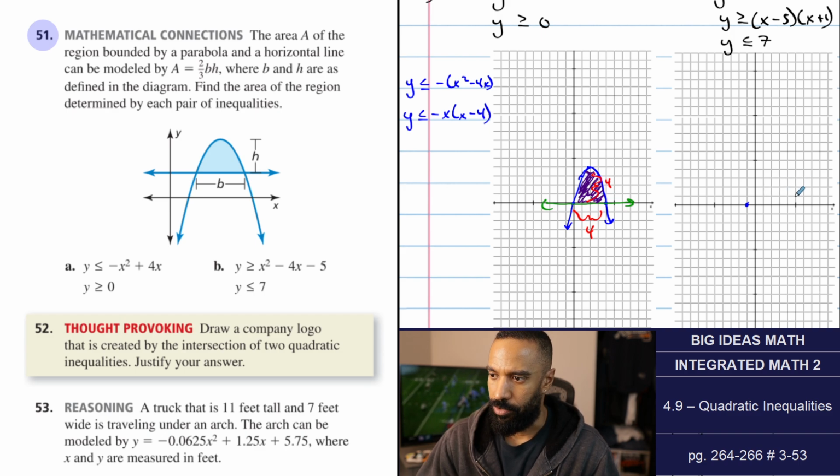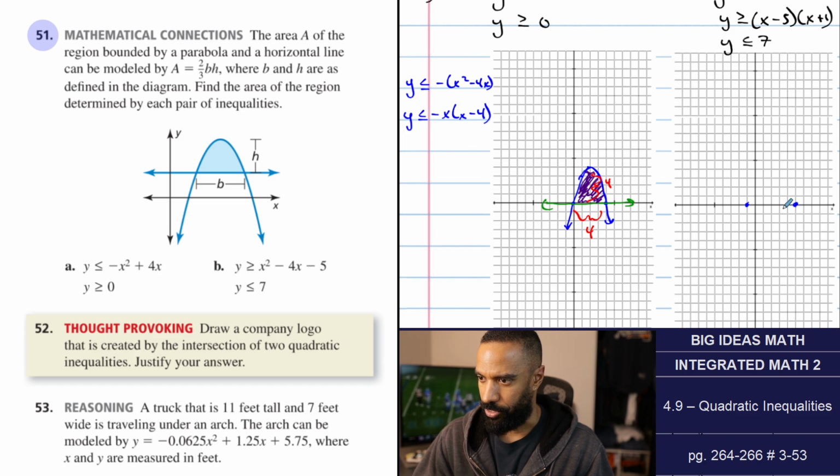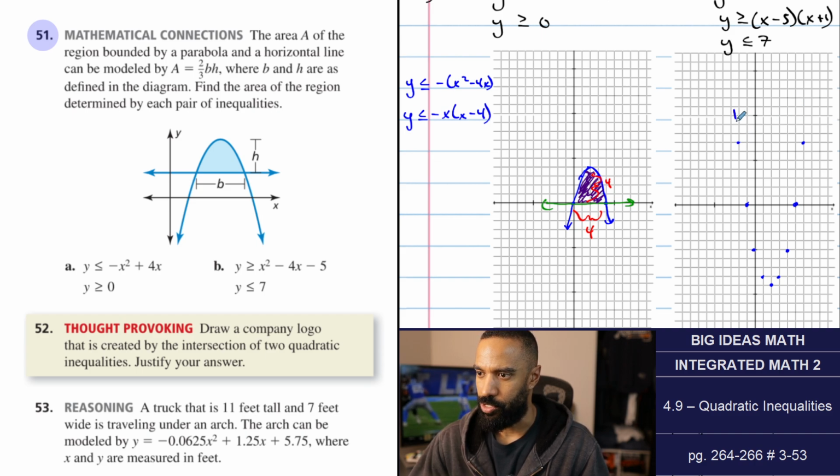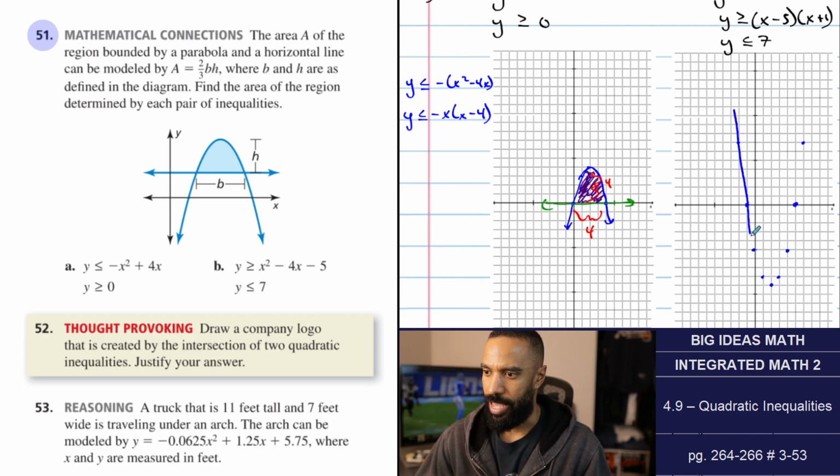Oh, that's negative 1 and 5. It's a positive stretch factor. 3 away will be at negative 9 down. 3, 9, 4, 16. Now I do got to go up here, and this is actually where we hit y equals 7. So this is where I want to kind of cut that short.